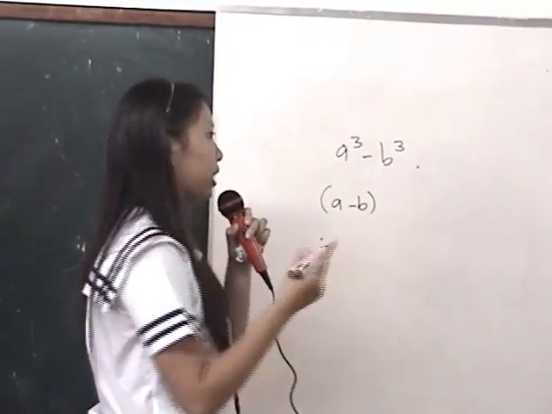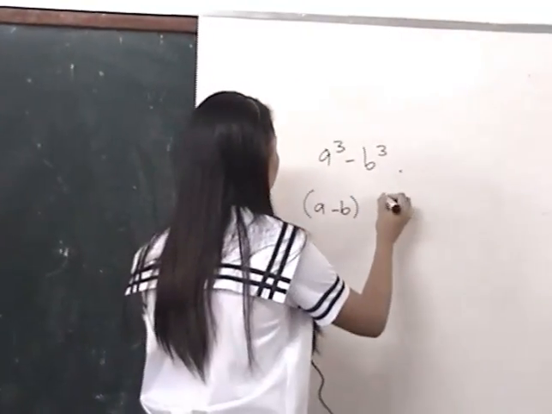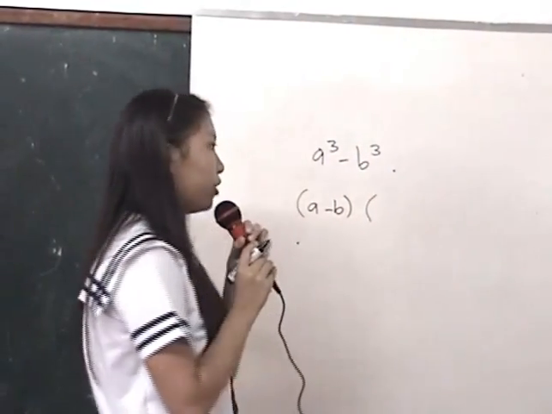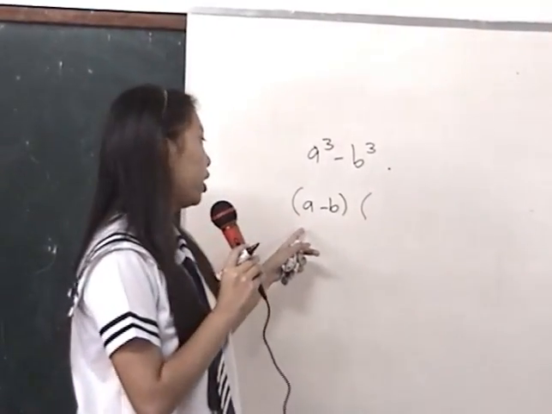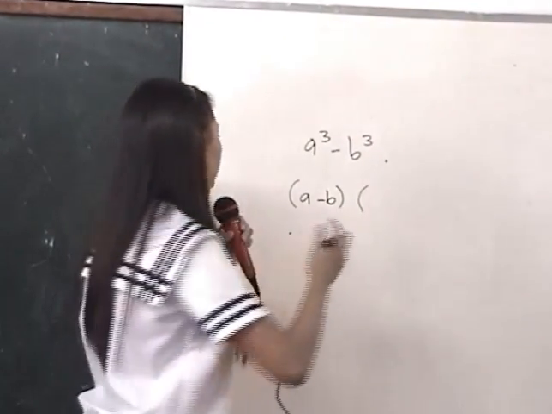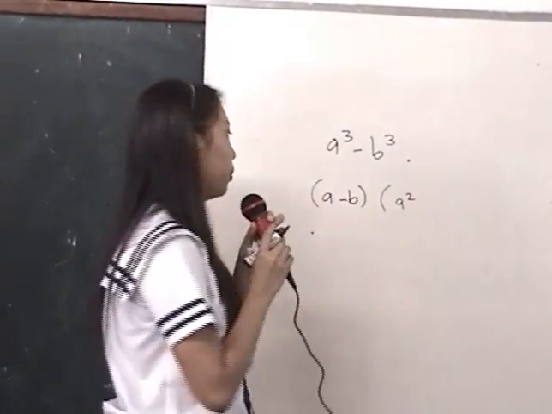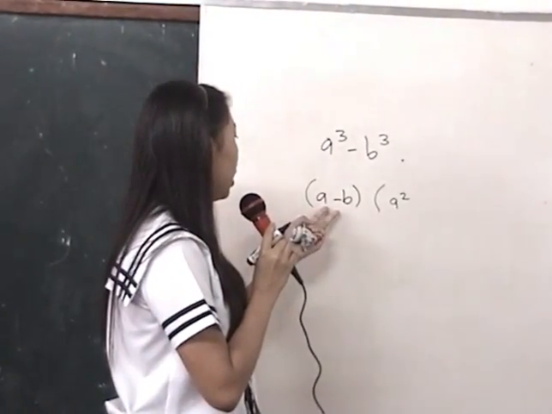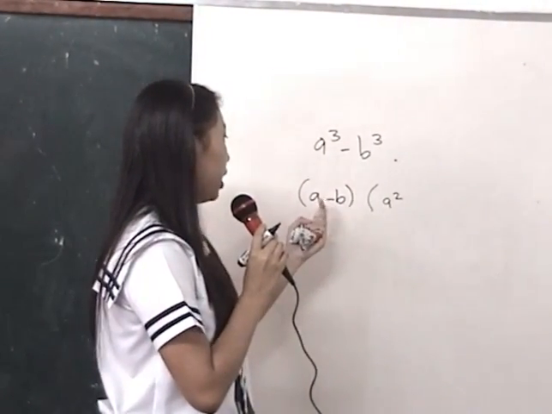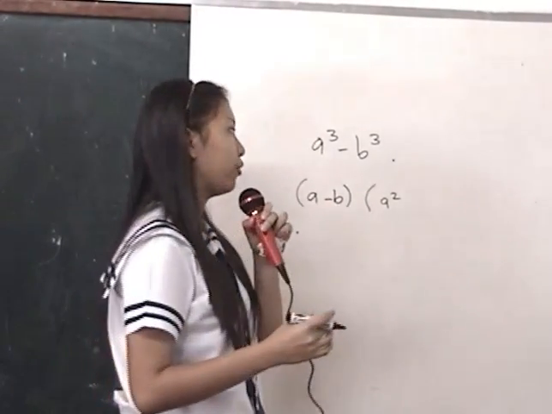Then we should get the other factor, which is a trinomial factor. The first term should be the square of the first term of the binomial factor, so it is a squared. Then the middle term should be the negative of the product of a and negative b. So a times negative b is negative ab.